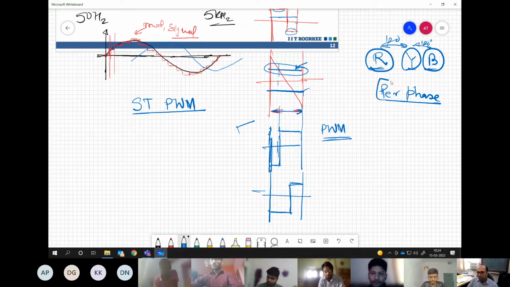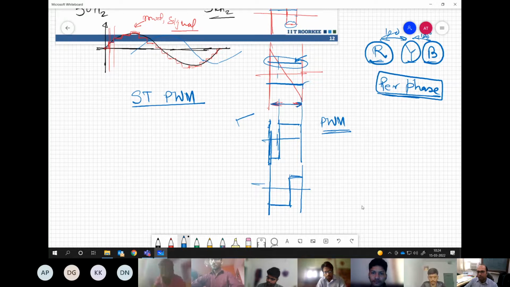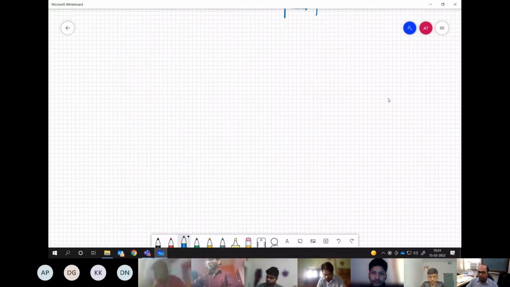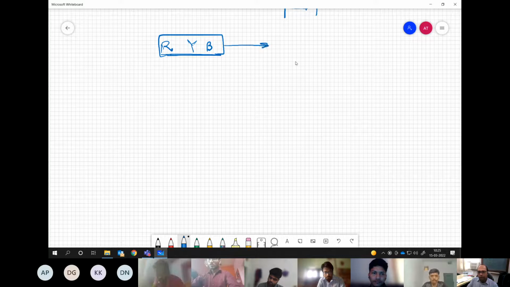Now, from this per phase basis realization, we are moving towards something which contains information about all the phases together. Let's say if we have a three-phase system RYB, I would like to express this in the form of a quantity which has information about all three.